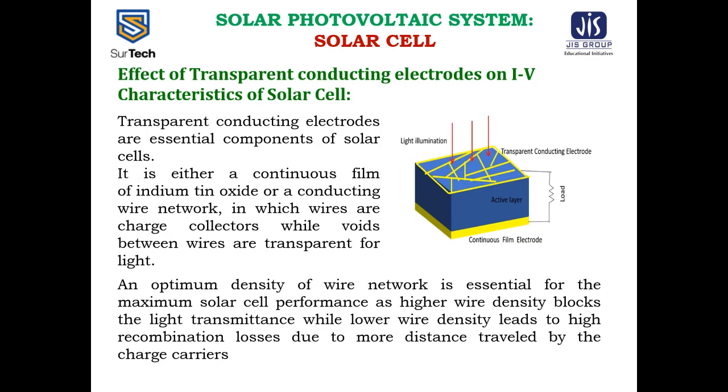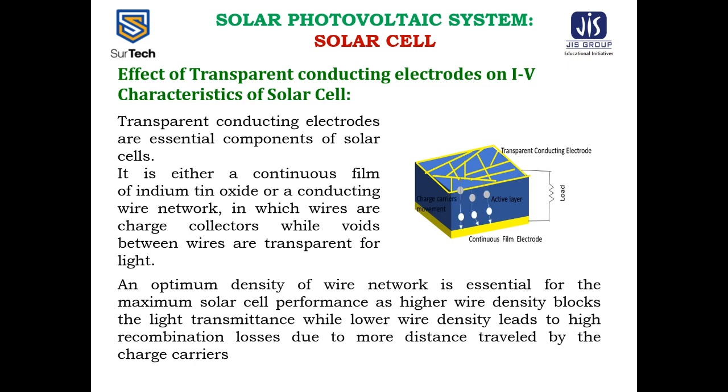Now the effect of transparent conducting electrodes on the IV characteristics of solar cell. The transparent conducting electrodes are essential components of the solar cell. It is either a continuous film of indium tin oxide or a conducting wire network in which the wires are charge collectors while voids between the wires are transparent for light.